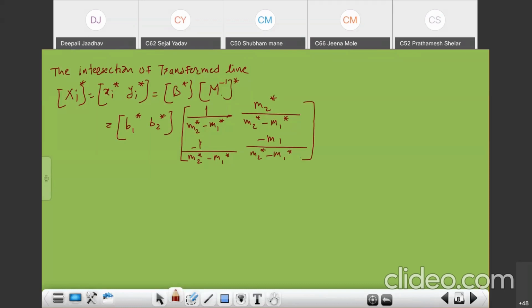After multiplying this, we will get the equation as we already identified for the original lines.